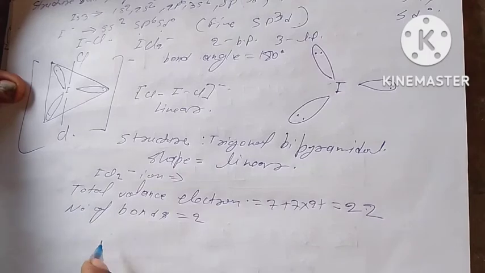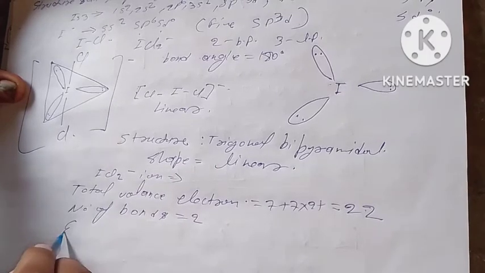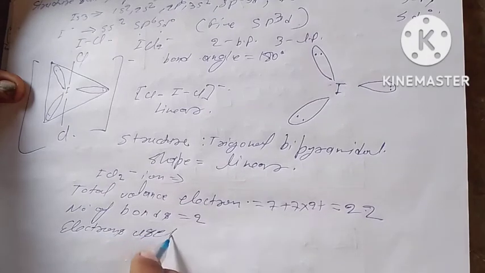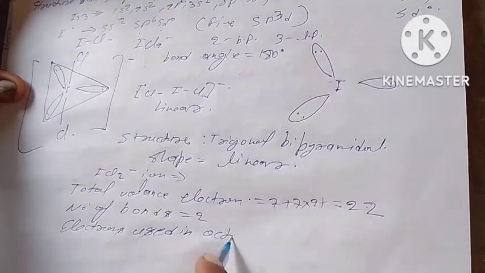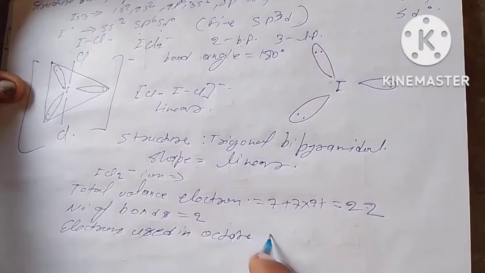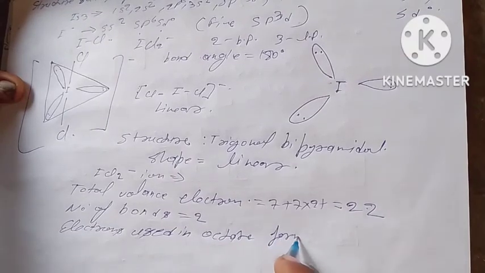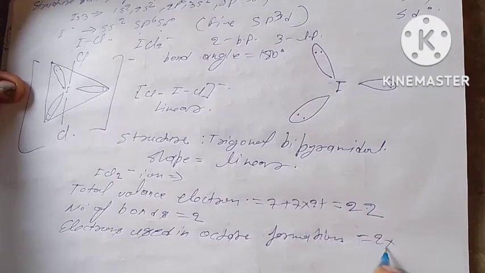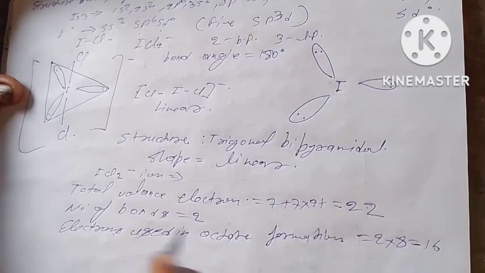Electrons used in octet formation equal 2 multiplied by 8, equal to 16.